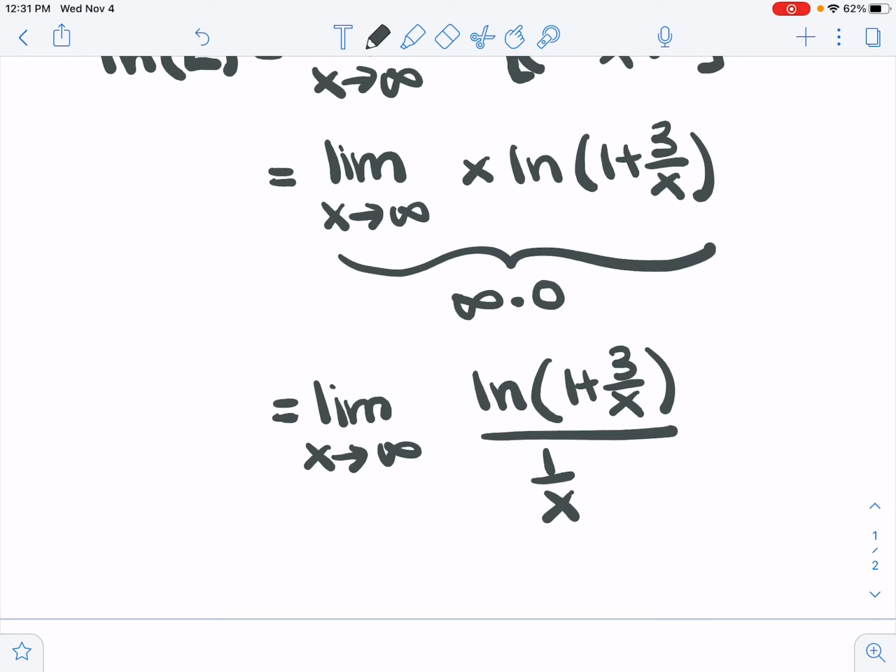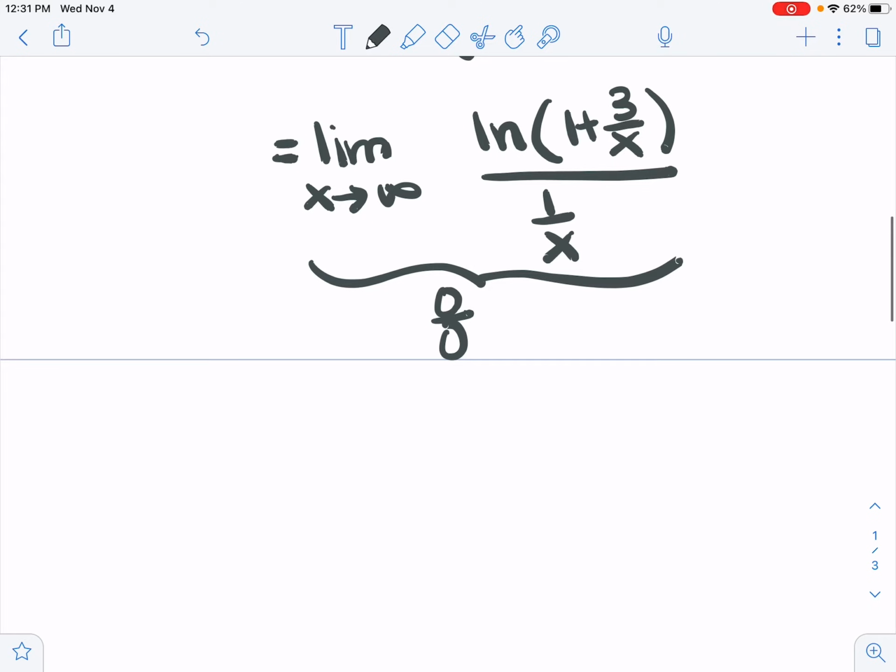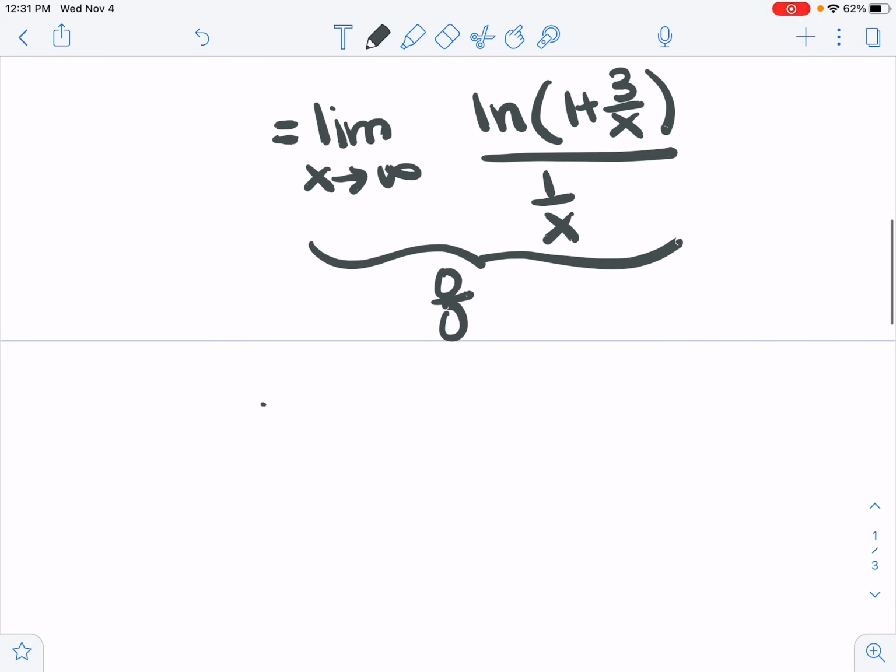Now what we have is a 0 over 0 indeterminate form, and we can go ahead and use L'Hopital's rule at this point. So that's great. We get to use L'Hopital's rule. L'Hopital's rule tells us that the limit we have is the same as the limit of the derivative of the numerator. So how do we take the derivative of this?